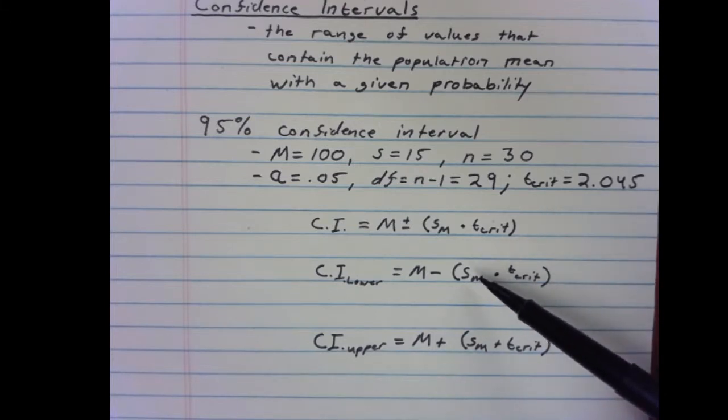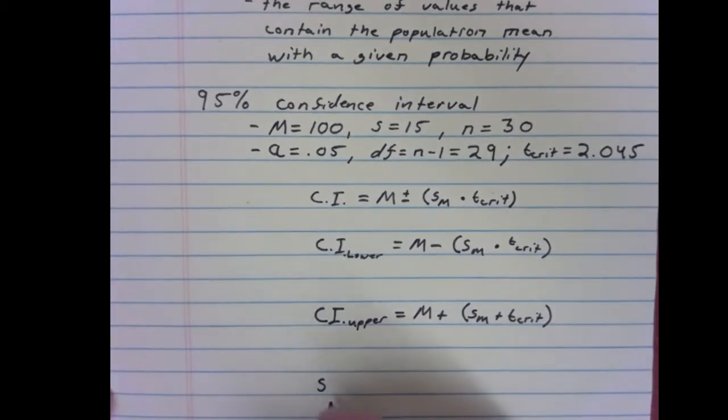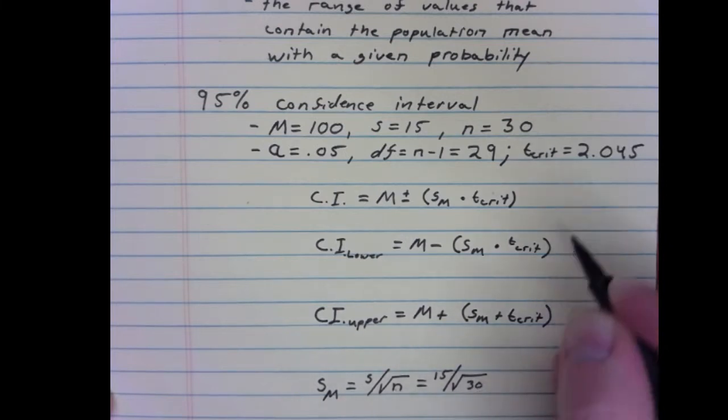All right, so now we can go about calculating this. The one thing we don't have is our estimated standard error of the mean, but we have the information we need to calculate it. So our estimated standard error of the mean is going to be the standard deviation divided by the square root of our sample size. So 15 divided by the square root of 30.